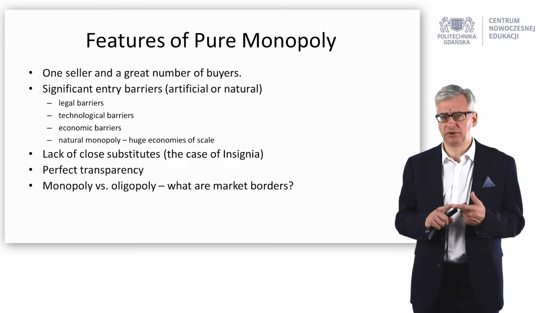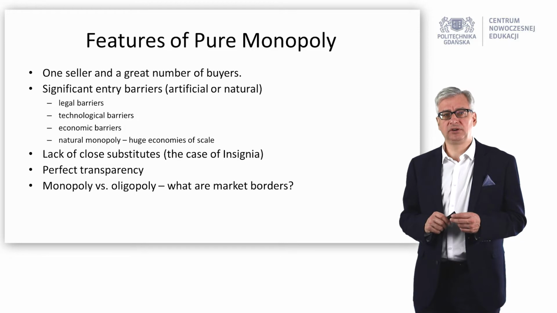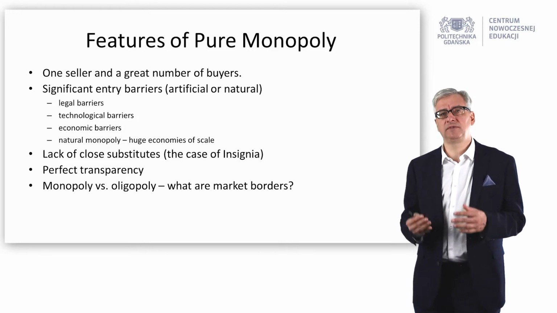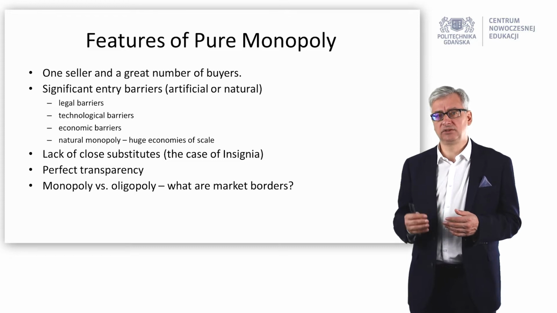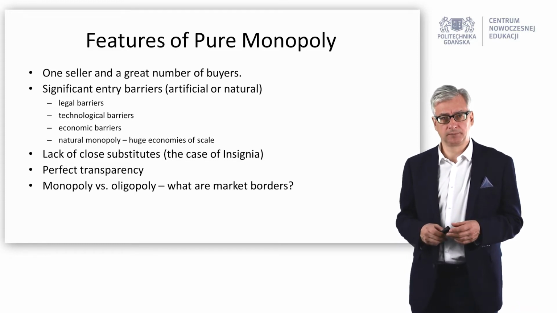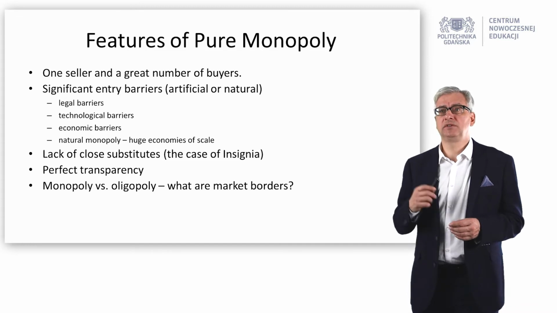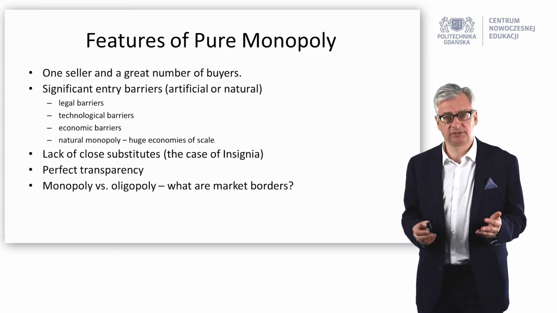So we've got legal barriers to start with. Legal barriers mean that there is something in the legal system that does not allow others to compete. You can see it very clearly in the case of central banks.